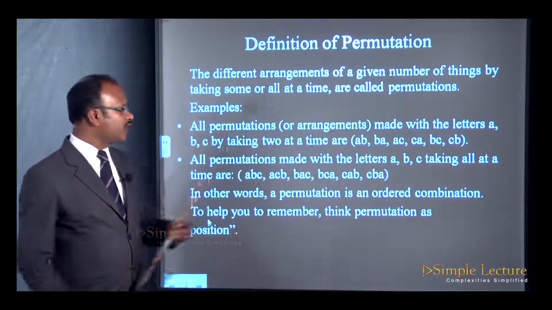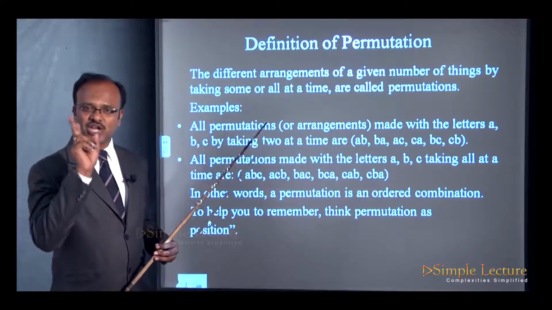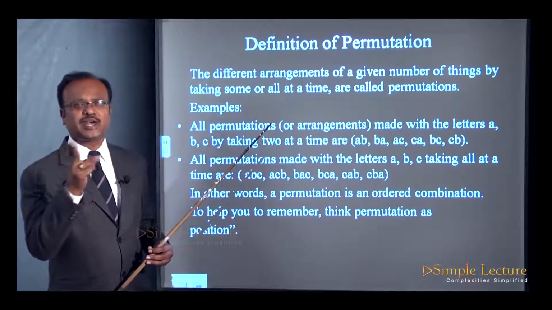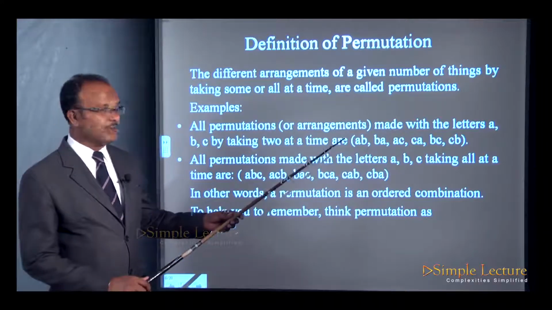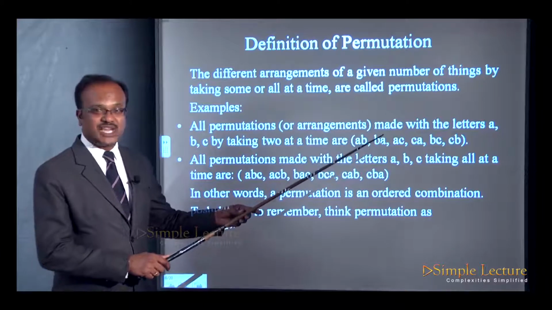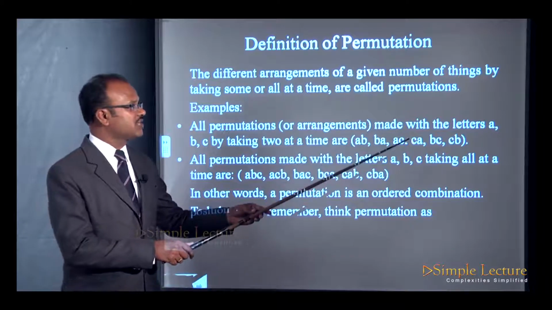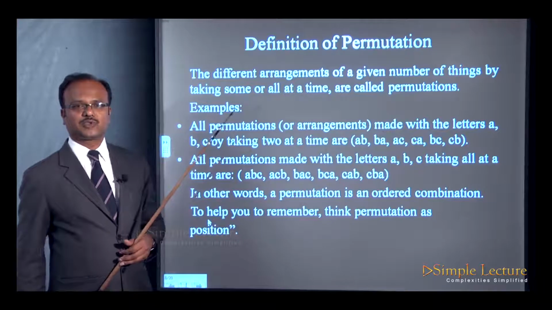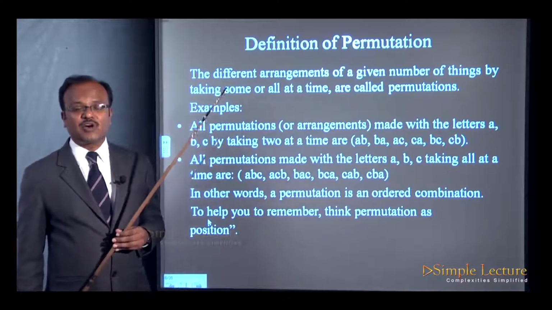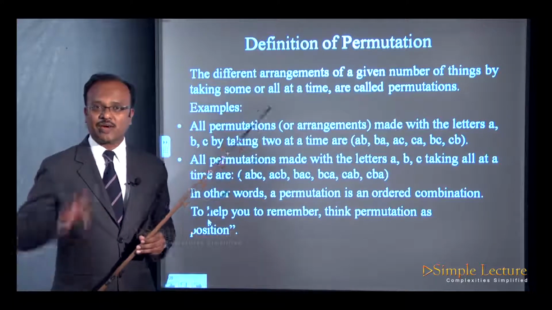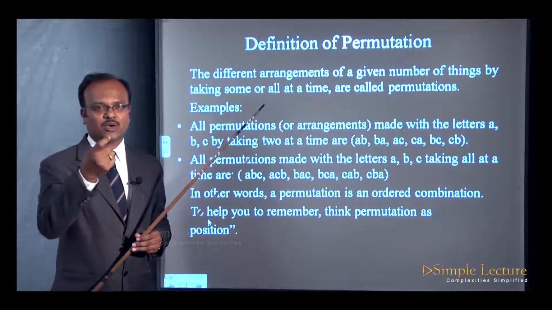So, out of A, B, C, the 3 letters, take only 2 letters at a time and do the arrangements. How many arrangements are possible? We can have AB, BC, AC, CA, BC and CB. So, here we have 6 different types of arrangements when we have 3 letters and we are taking only 2 letters at a time.